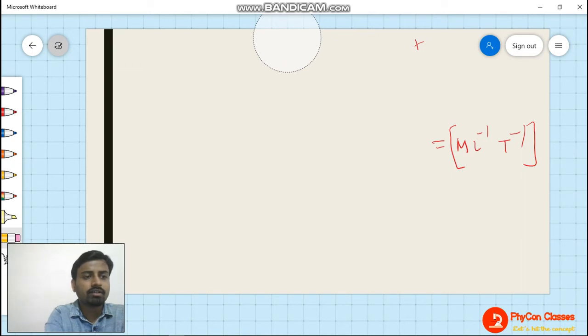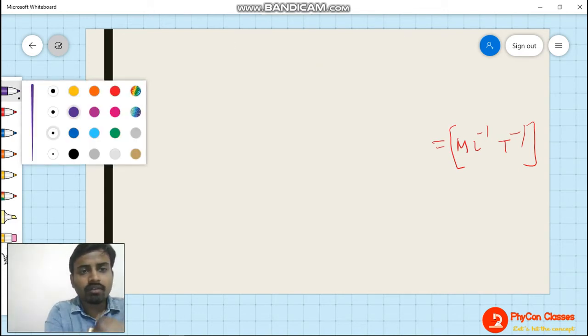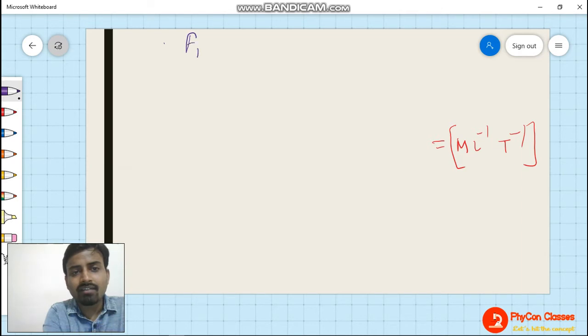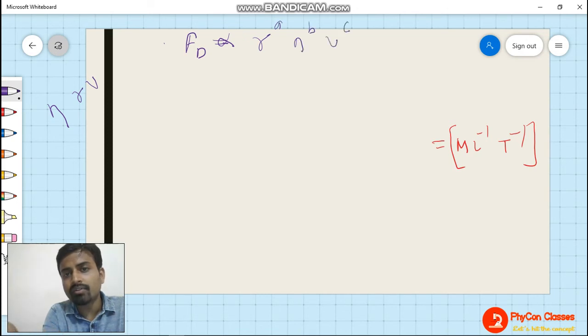Now moving further. We have to find out the relation: the drag force is proportional to eta, R and V. So we start with R to the power A, eta to the power B, and V to the power C. For force, the dimension is MLT minus 2, and this we are going to equate with the right hand side dimension.